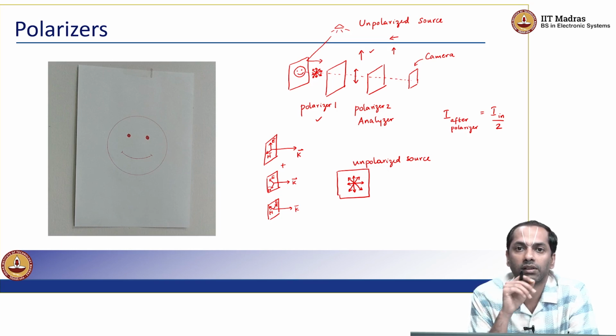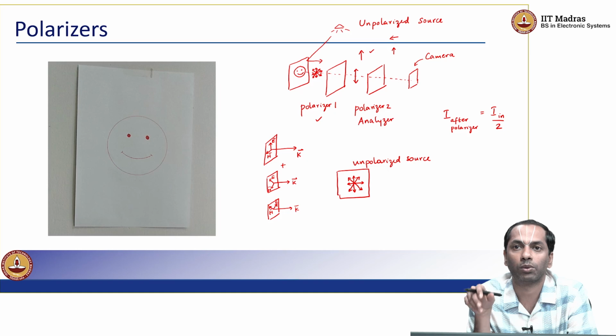This polarizer only filters out and sends through electric fields that are oscillating in the same direction as the axis of the polarizer, and when it does so, it filters out precisely half the light, which is why we saw that when the first polarizer plate was inserted, the image dimmed down.